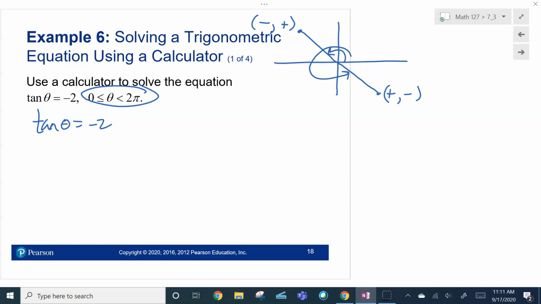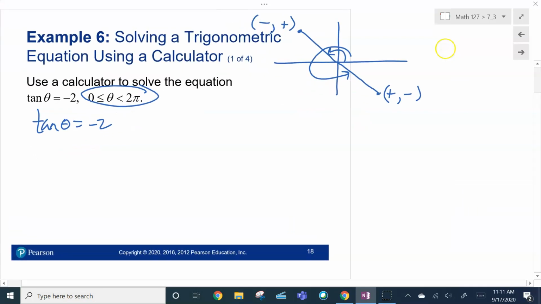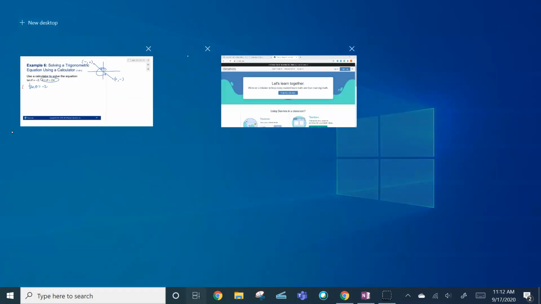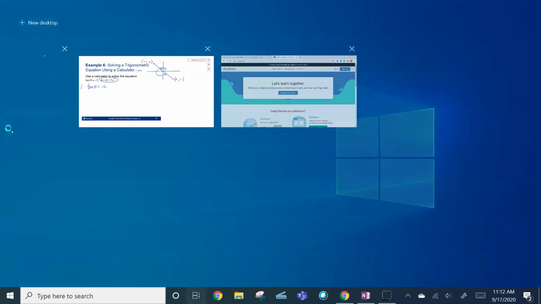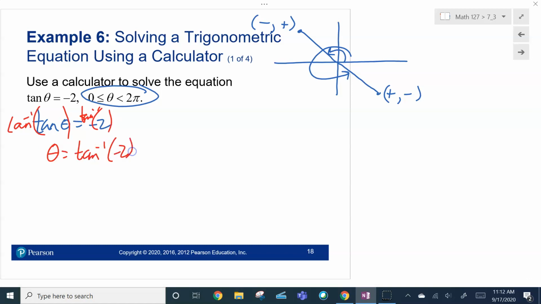So what we're going to do to solve this is use a combination of our graphing calculator and our intelligence, of course. We're going to take the arctangent of both sides. So if I run the arctangent here, theta is the arctangent of -2.